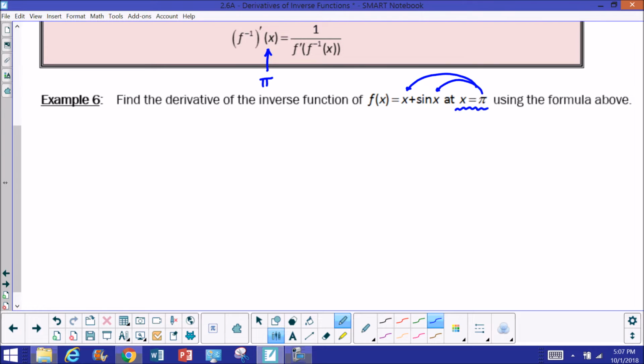Of course, certain conditions have to apply in order for that to happen, but essentially that's really all there is to it. So when we look back at this problem, our first step is to take the x value that's provided and let that take the place of the y. So we're going to say that pi is equal to x plus sine of x.